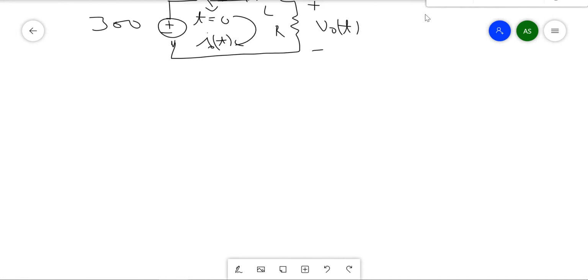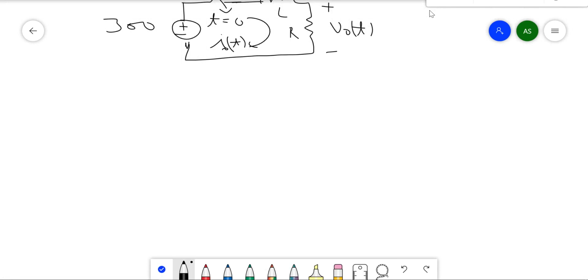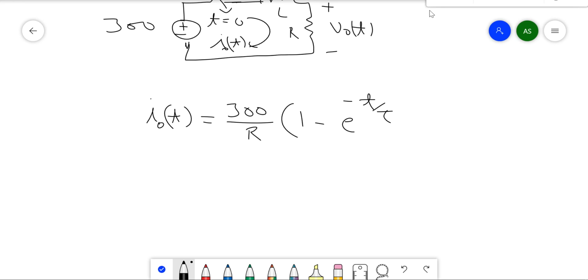So the equation of I naught T will be, you should be able to write it directly now, 300 by R times (1 minus e to the power minus t by tau). Okay, so this equation represents the current I naught T. Okay, now if you want the value of current X, what is X?